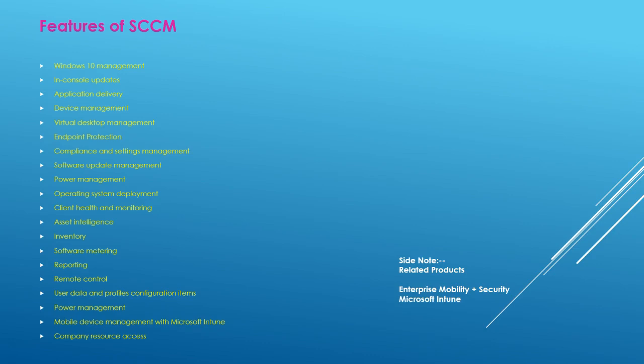It may be a user device or a user profile, and there is a difference. If you target a user, wherever the user logs in, maybe into a Citrix farm or into a separate device, the application will stream from the server and be available for that user. So that's application delivery.